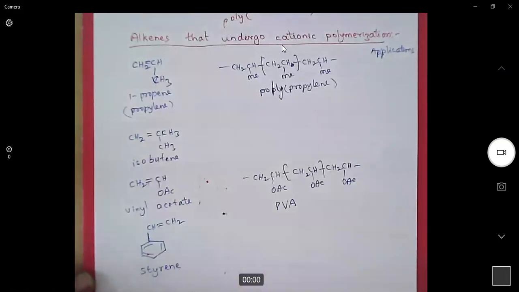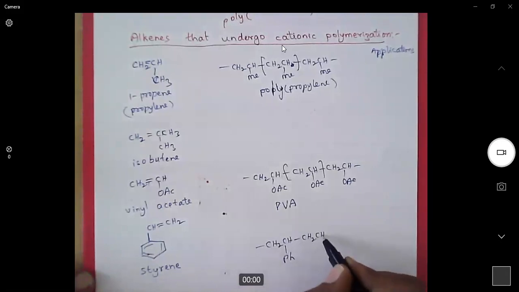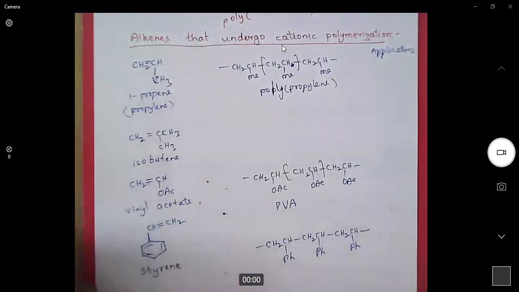This molecule is called styrene. When it undergoes polymerization, it gives polystyrene. So these are some examples of alkenes which will undergo cationic polymerization.